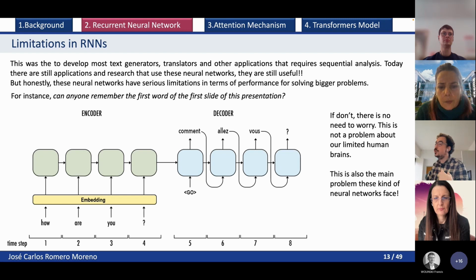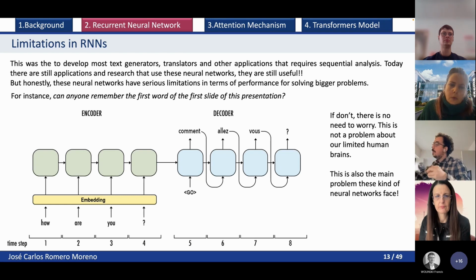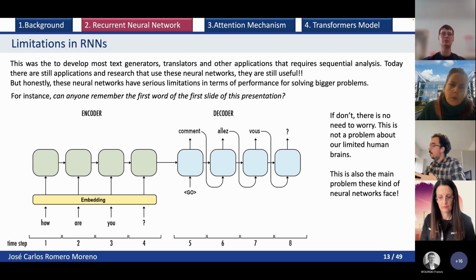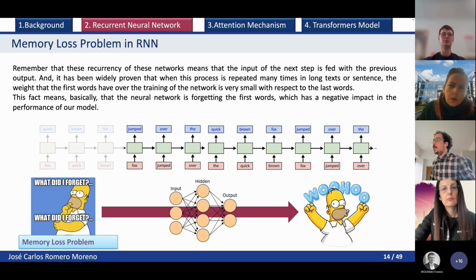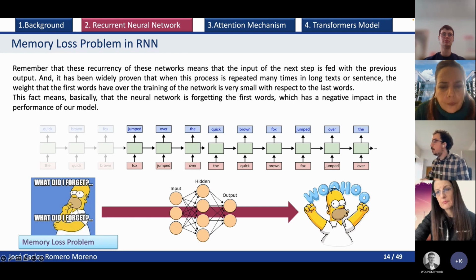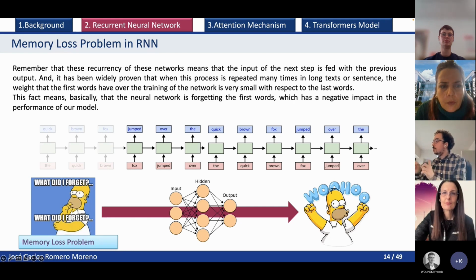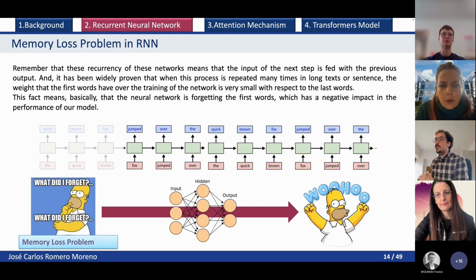So this is called a short-term memory problem in this kind of neural network, which means that when you are concatenating words, dozens, hundreds, thousands, you are losing the meaning of the first words. So the main limitation of this model was that it couldn't process huge amounts of text. It could only process short sentences or short paragraphs.